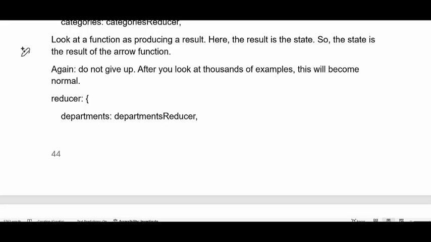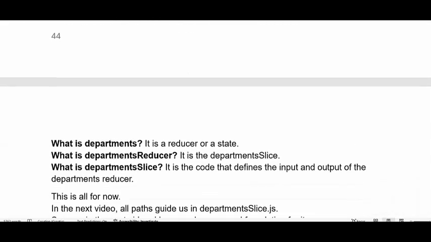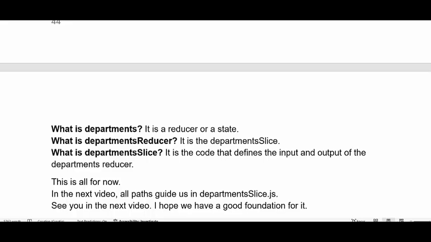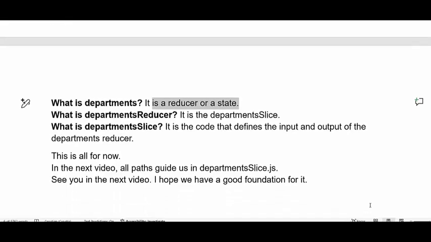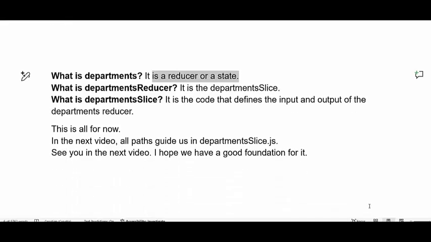Reducer: you see now the word reducer, in curly brackets, departments reducer. What is departments? It is a reducer or a state. What is the departments reducer? It is the department slice. What is the department slice? It is the code that defines the input and output of the department's reducer.